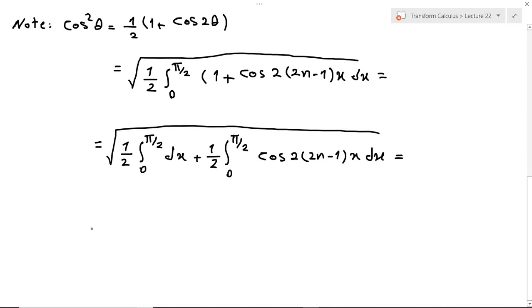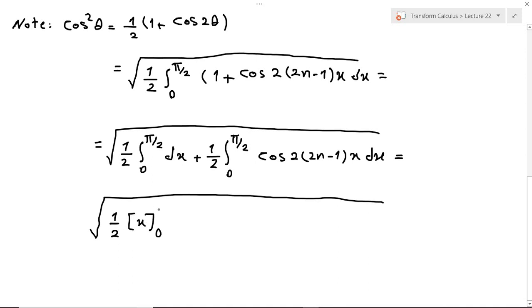So half the integral of dx is x from 0 to pi over 2, plus half the integral of cosine 2 times 2n minus 1 x.